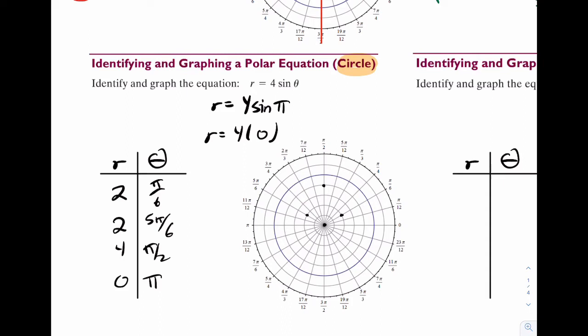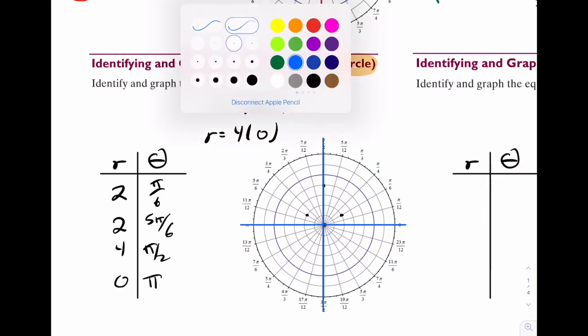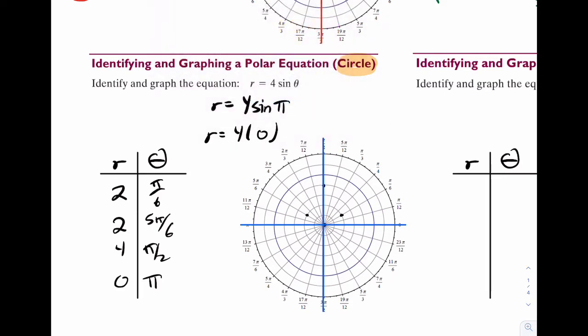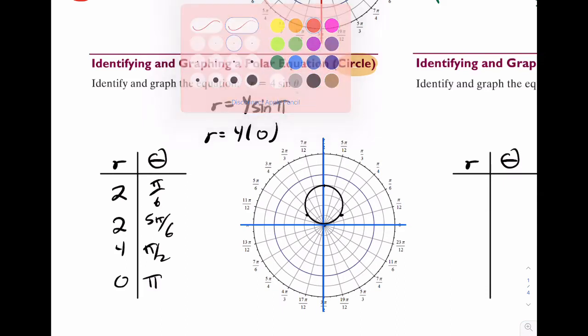Now to make it easier, I'm going to draw in the axes. Here's the x-axis, here's the y-axis. It'll make it a little bit easier to see the circle, because now when I try to draw this, there it is. There's our nice circle.